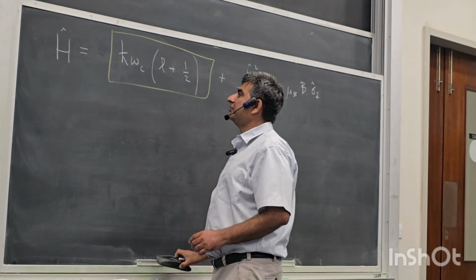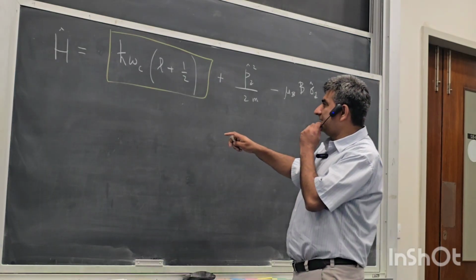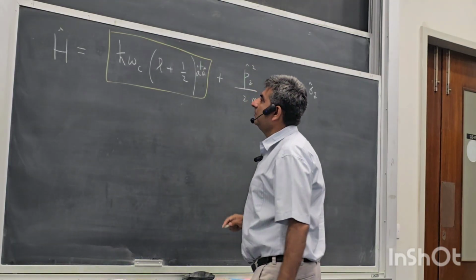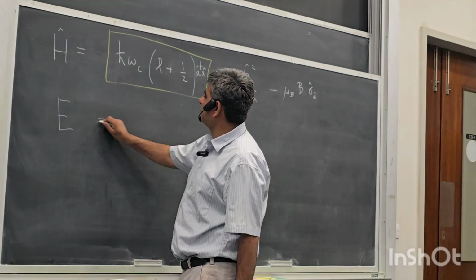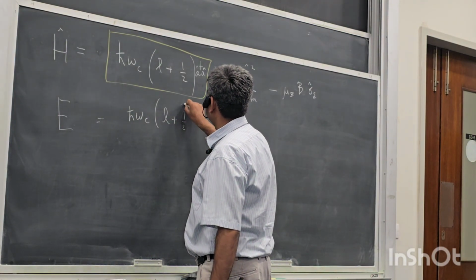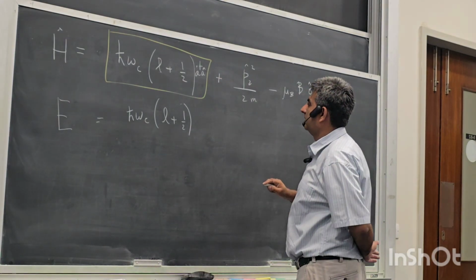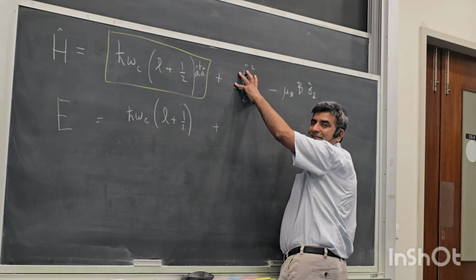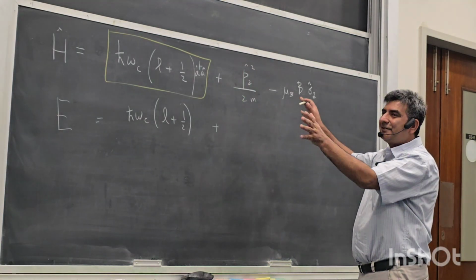By the way, this is h bar omega c. Since I'm writing the Hamiltonian, let me write this down in operator form. The energy for the electrons is going to be h bar omega c, L plus half, plus, now this is a free particle with momentum along the z direction, because there is no other pz variable anywhere.